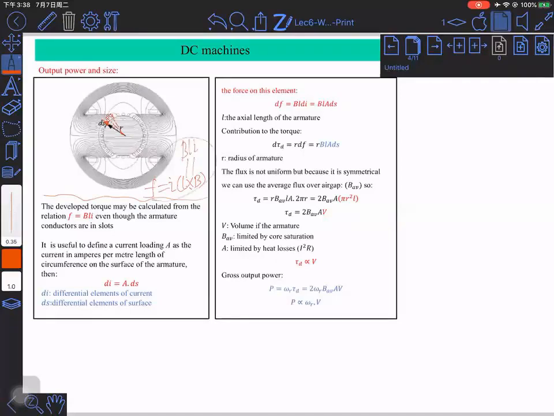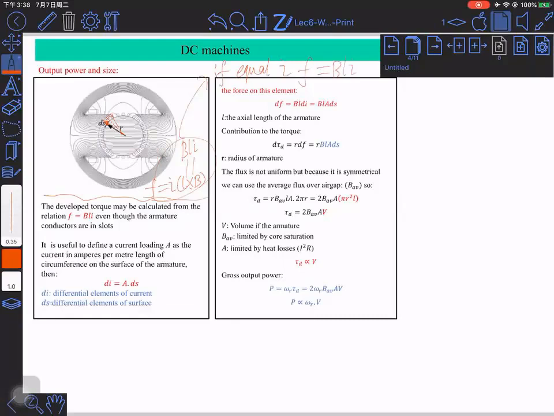This is for each of the conductors. And you can find the equivalent force for all conductors if the conductors are carrying equivalent current I, the force is just equivalent to BLI.